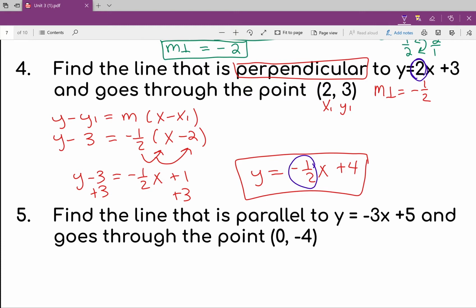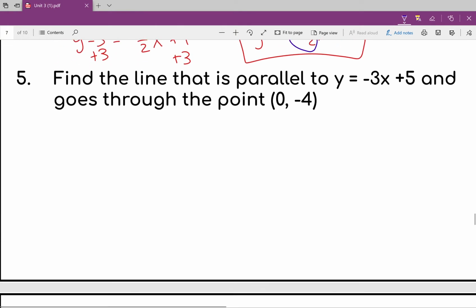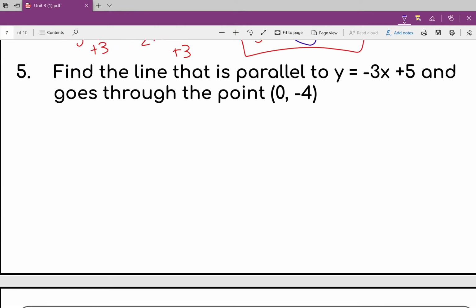Okay, let's look at the last problem, number 5. Number 5 says find the line that is parallel, remember parallel means same, to y equals negative 3x plus 5 and goes through the point (0, negative 4). So y equals negative 3x plus 5 is the equation that we need to find the slope from.